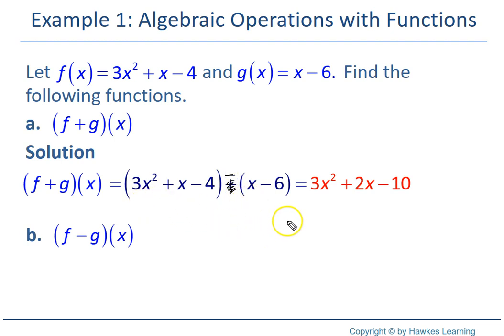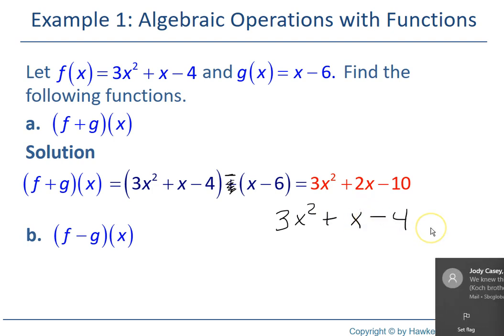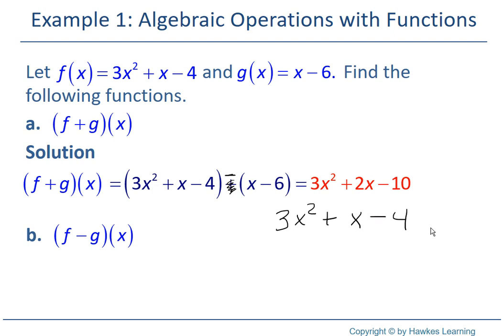So let's set this up. 3x squared plus x minus 4. Now, this is where it's a little tricky. You have to keep this in parentheses, and you're going to subtract it.